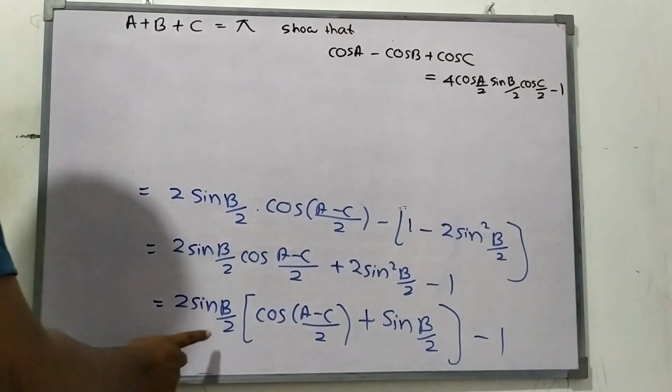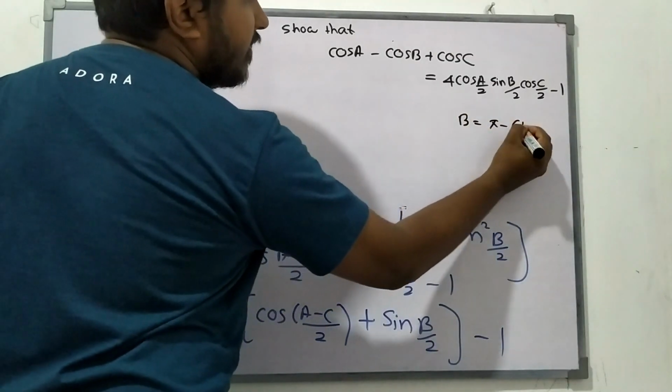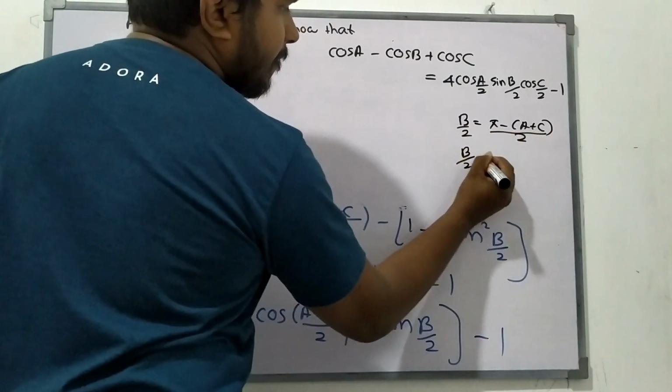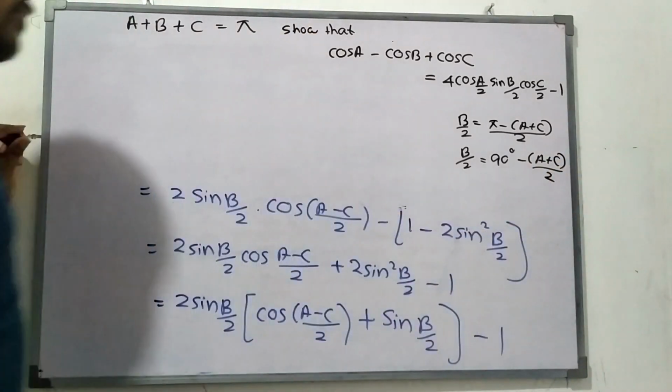Actually, what is b by 2? So b means pi minus (a plus c), no? b by 2 means 90 minus (a plus c) over 2, no?